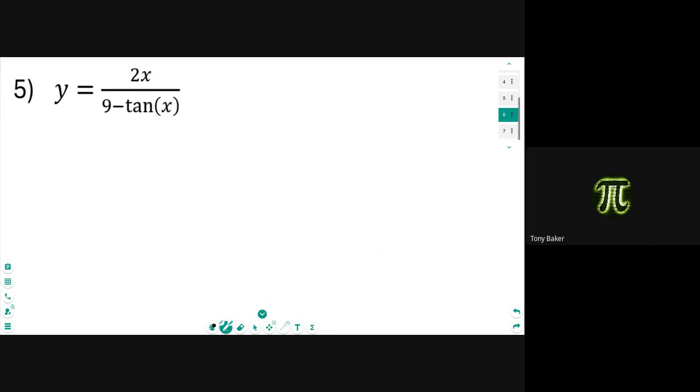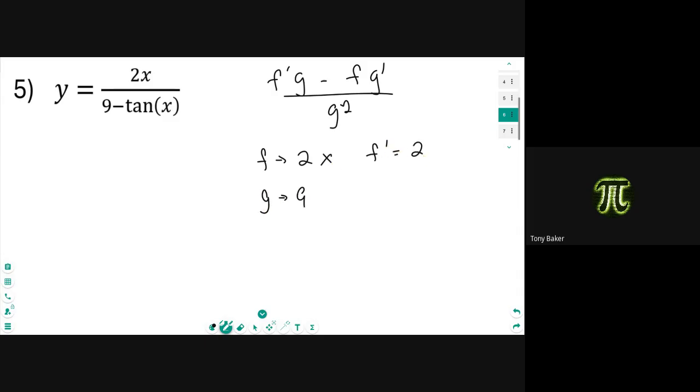All right, what do I have to do for this one? Yeah, we need the quotient rule again. So f is 2x, so f prime is 2. So g prime would be negative secant squared x.